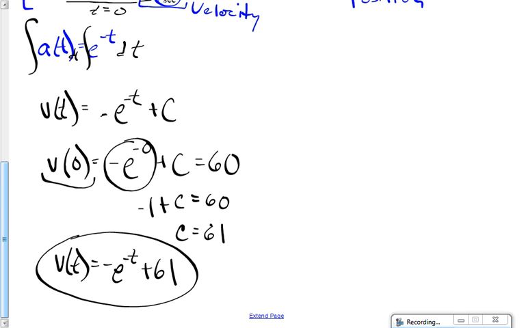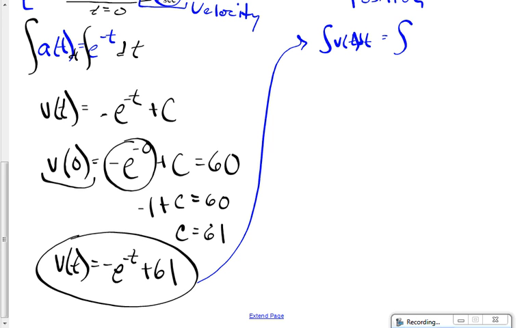Questions so far? Okay. We have velocity. Let's go to position. How do we do it? Integrate again. Integral of v of t dt, integral of negative e to the negative t plus 61. I'm going to integrate the velocity function.